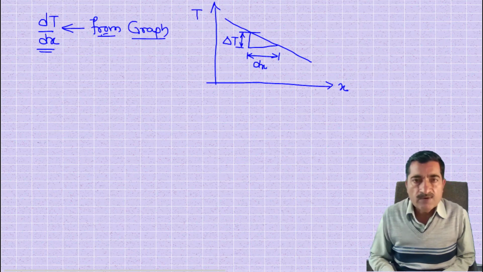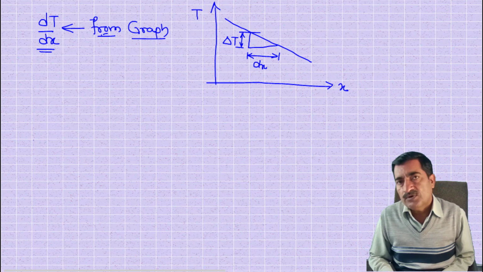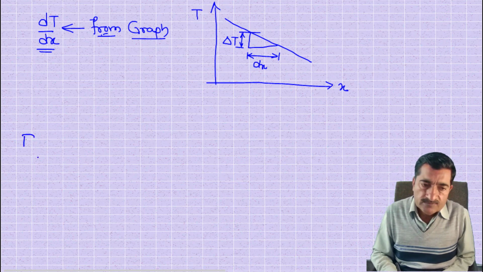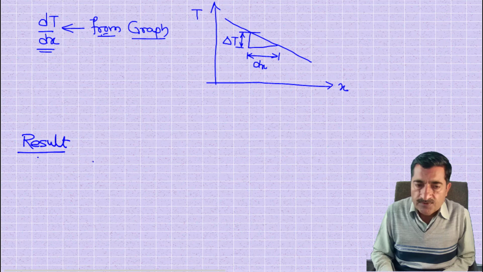Then you can calculate the thermal conductivity of metallic rod. Then result: thermal conductivity K.